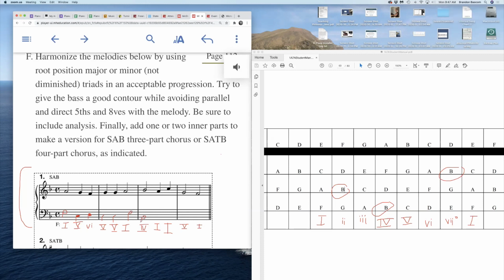Back to 1 chord. To the 5. Back to the 1.